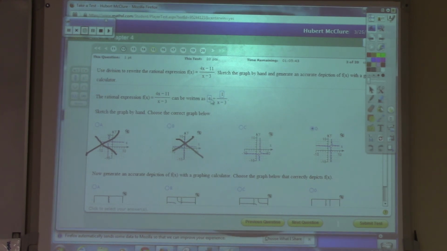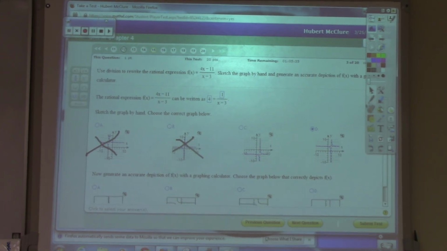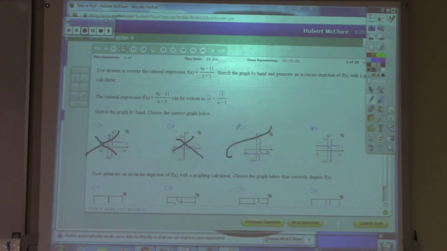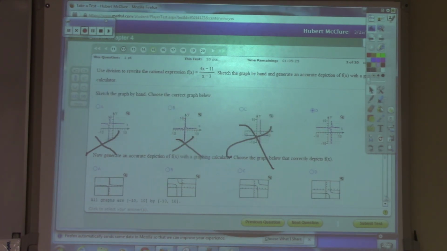Because of that 4 right there. So that one's not it. And they tell you to do it on the graphing calculator to check your answer. And you'll pick the one that looks like the one that we just did. Looks like this one right here, right? Yeah.